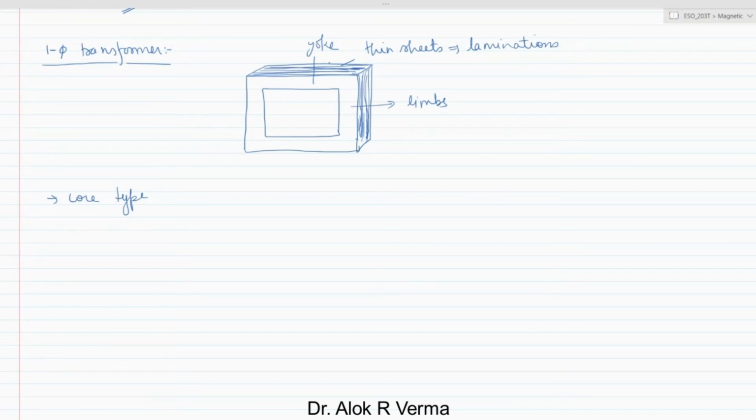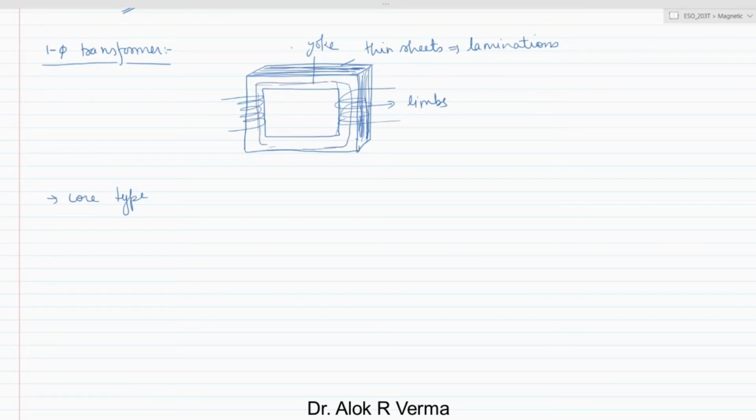In the case of a distributed winding, normally the high voltage winding and the low voltage winding are kept on separate sides. So one side will have one winding here and the other winding on this side. The flux will flow in thin sheets of silicon steel or some other material which has low hysteresis losses.